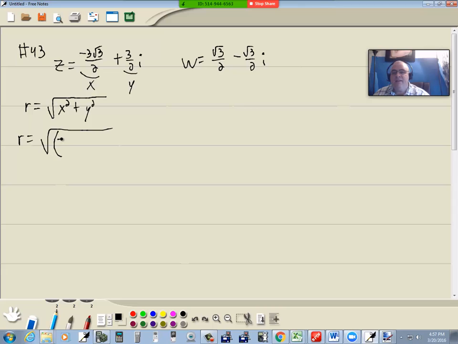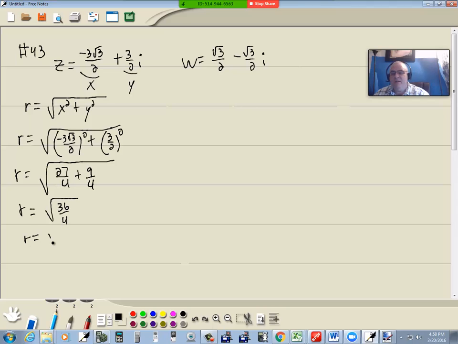So we'll have negative 3 square root of 3 over 2 squared plus 3 halves squared, which gives us 27 over 4 plus 9 over 4, which gives us 36 over 4, which gives us 9, which gives us 3.